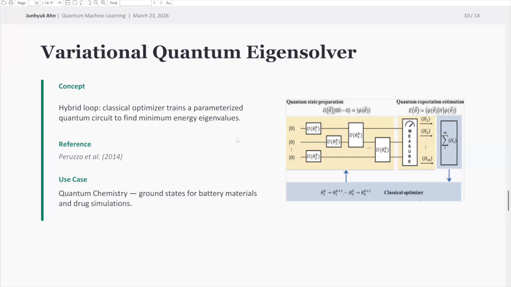This seems very similar to what we do in traditional machine learning. But then why is VQE used? When you try to model physical systems, there's a limitation to the bitwise system of classical computers. We cannot actually model real-life physical values to infinite accuracy.